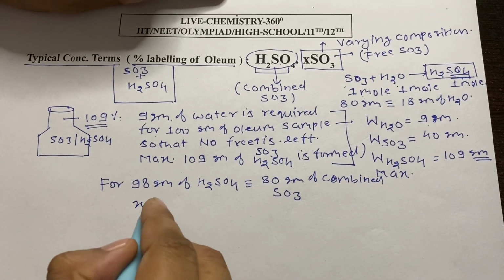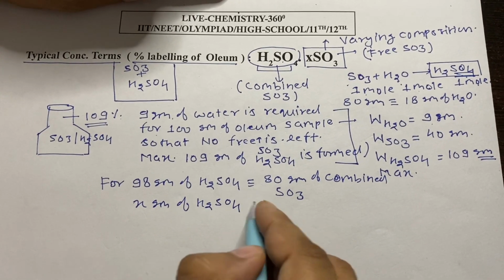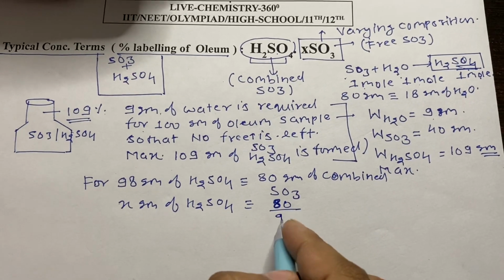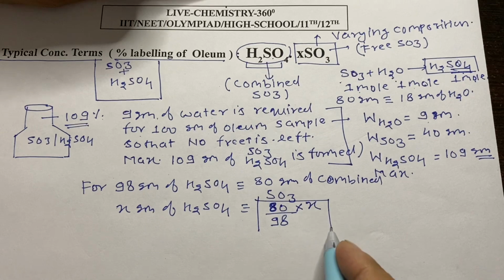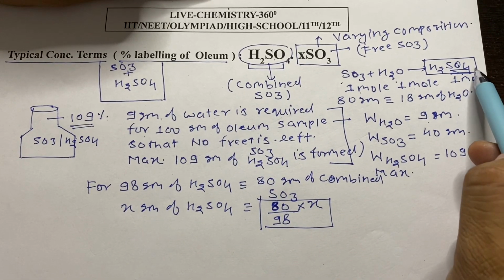So for x gram of H2SO4, we can write the equation as 80 upon 98 into x. This will be the amount of combined SO3 present in the H2SO4.